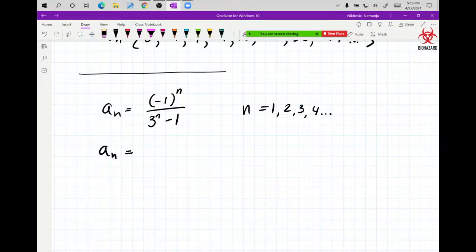Sometimes you will have those that have to start at 2, because I could have something like 3n divided by ln n. You can't start this one at 0. You can't start it at 1 either. So this one you would have to start at 2 because ln of 1 is 0, and that's not allowed to be in the denominator. So you have to be a little bit careful where you start your sequence.